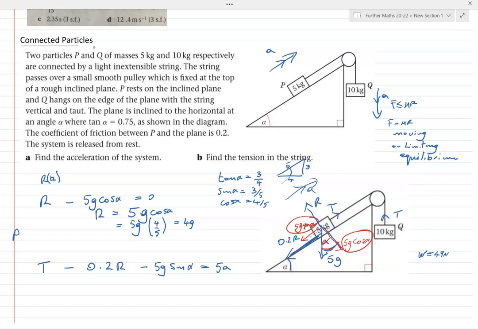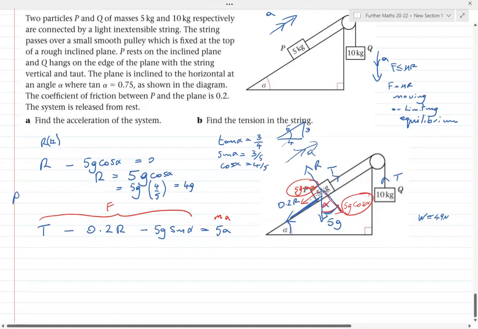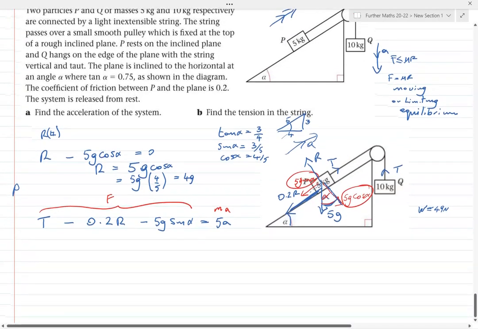So in our F equals ma equation, we've got F, which is the overall force up the slope, m and a. And the mass is 5. The weight is 5g, but it's mass times acceleration, so no g on the right-hand side. Okay, so that's our equation for P.